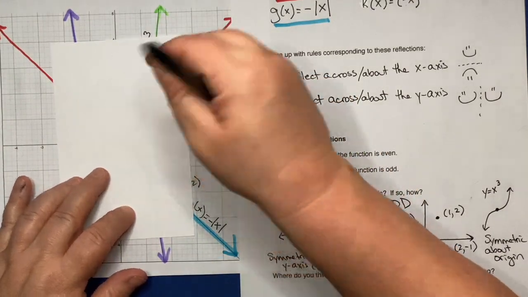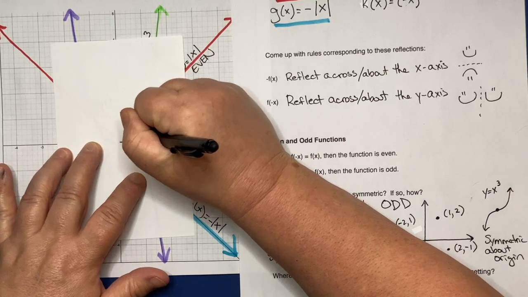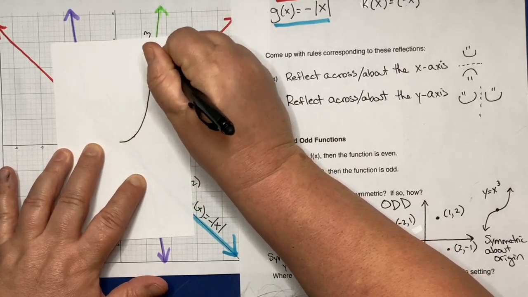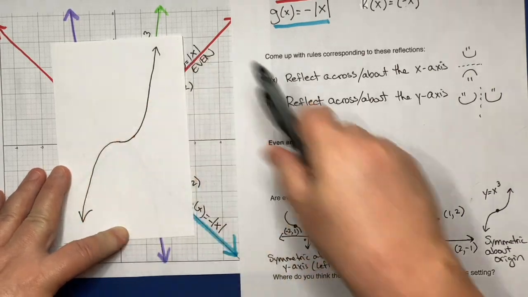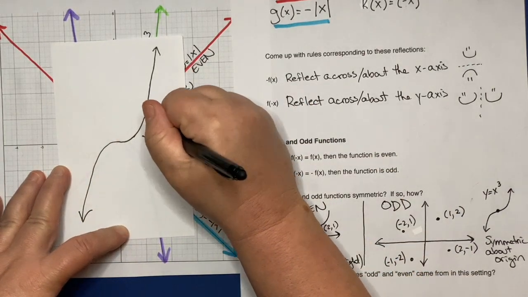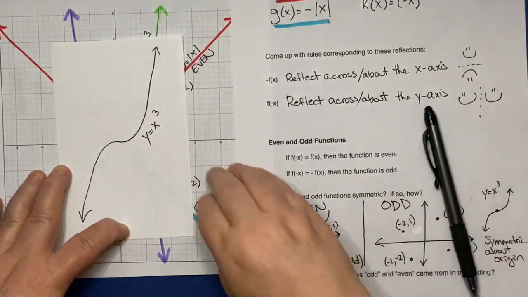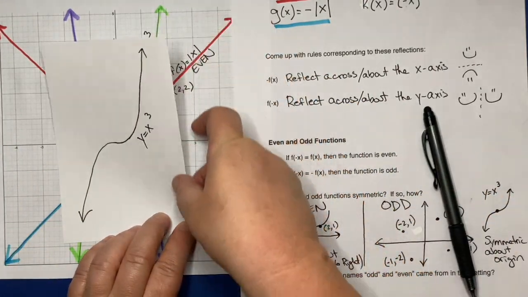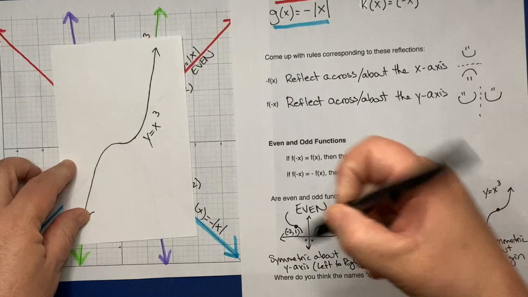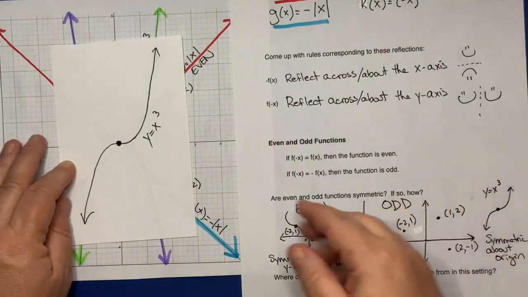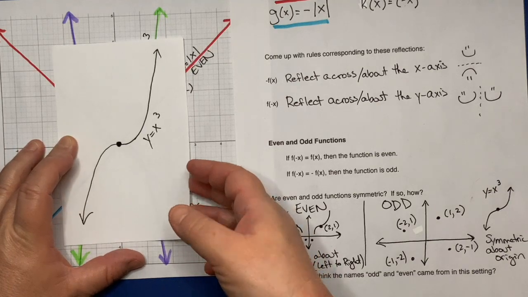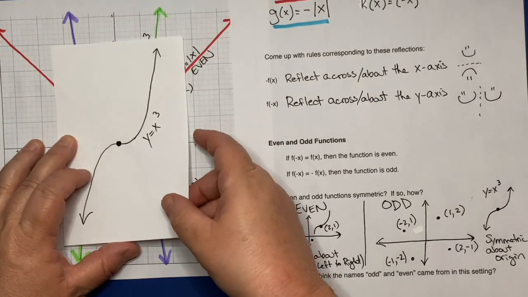What I can do here, let me draw this graph. I'm going to copy this. So this is y equals x cubed. So I claim the symmetry is about, around, across, through, under, over the origin.